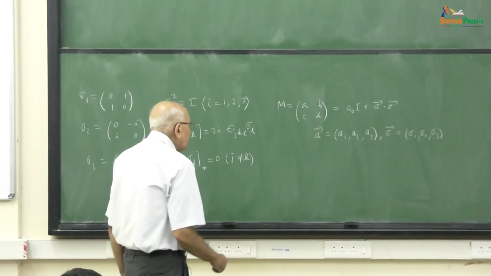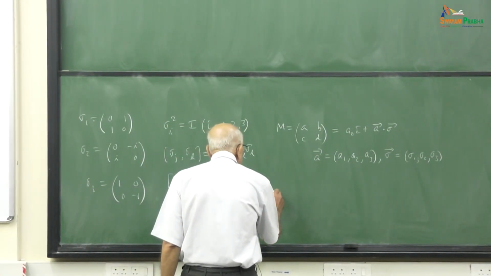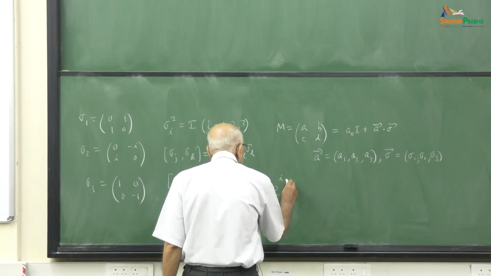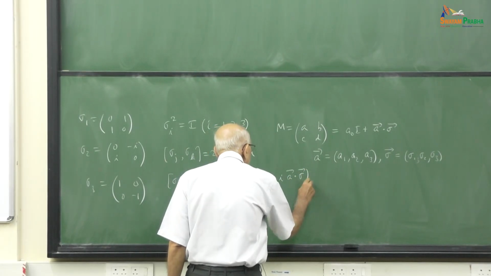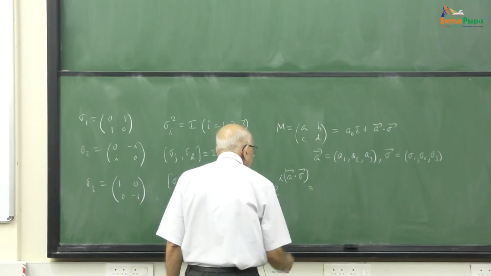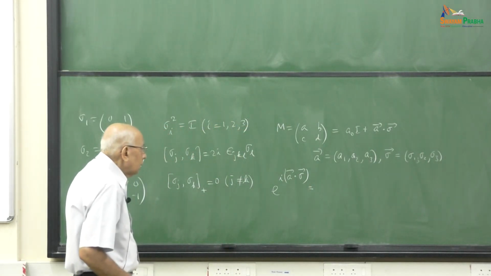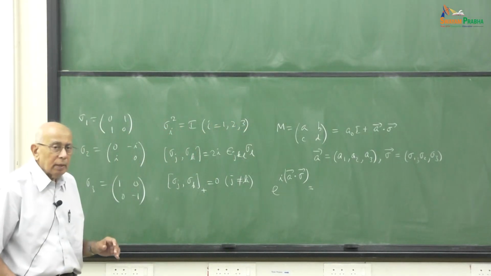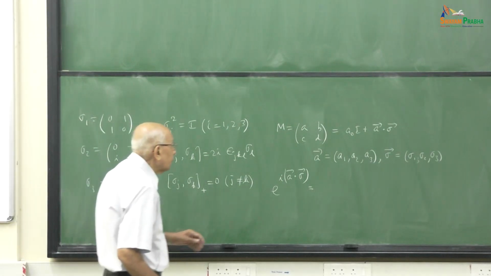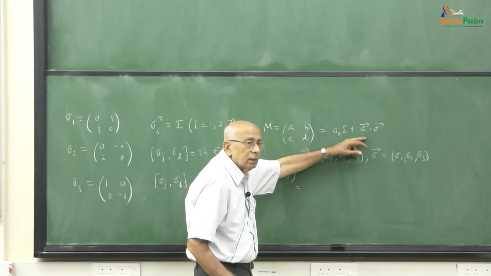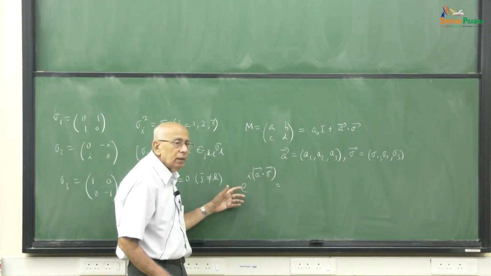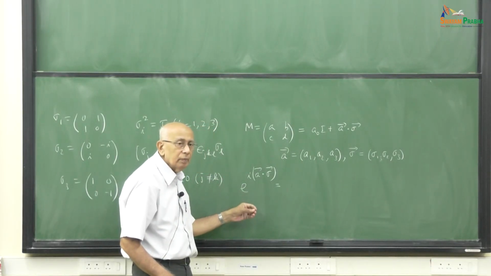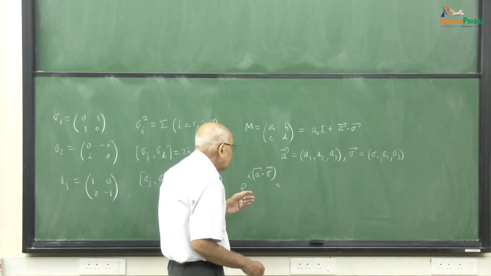And then the question we posed was, what is e to the power i a dot sigma equal to? Since any 2 by 2 matrix can be written as a linear combination of the unit matrix and the sigma matrices, that is true even for this exponential. Even this should be writable in that form. So the answer can be guessed.